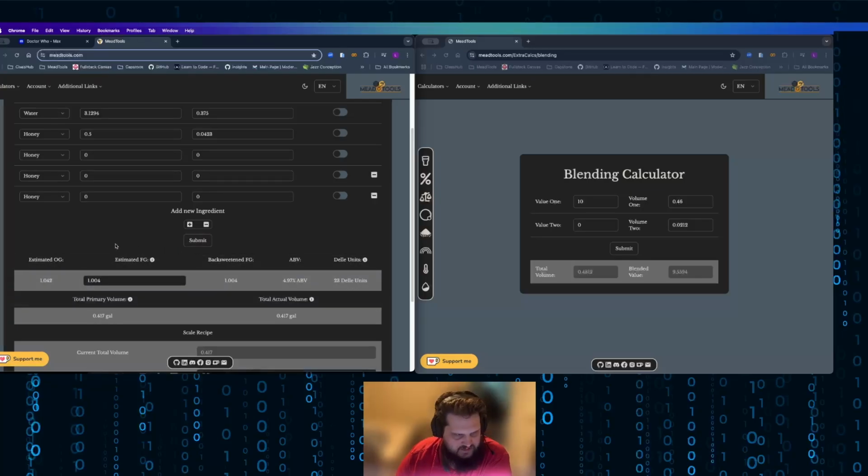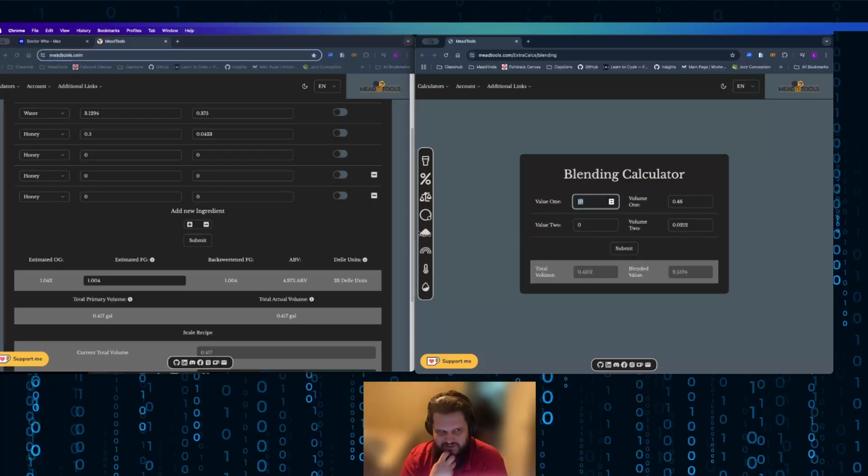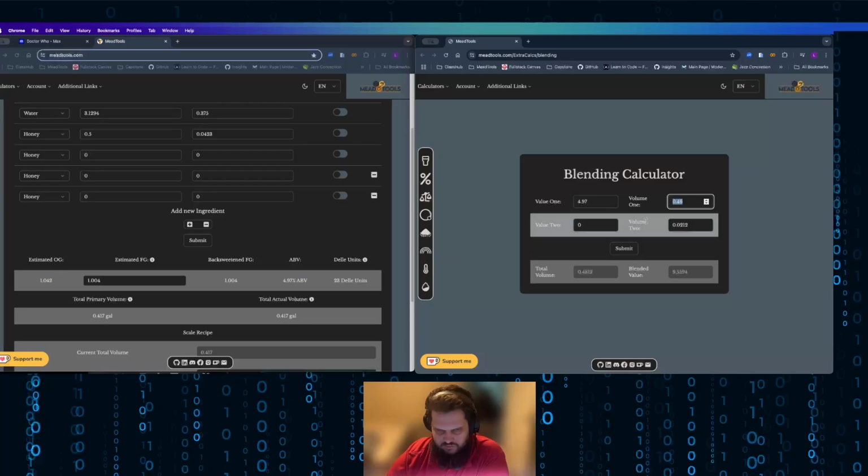So I am at 1042. I'm at 4.97% ABV. And I'm going to put this stuff over here in the blending calculator too to show how the ABV actually goes down over time. So I've got 4.97% ABV, and my volume is 0.417.